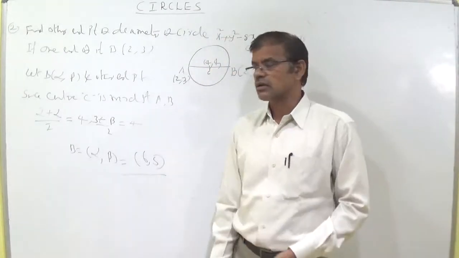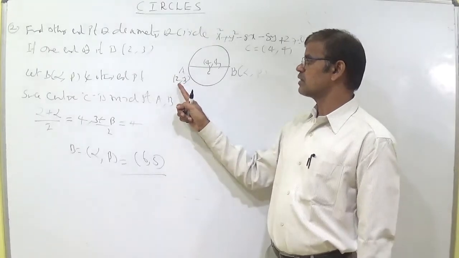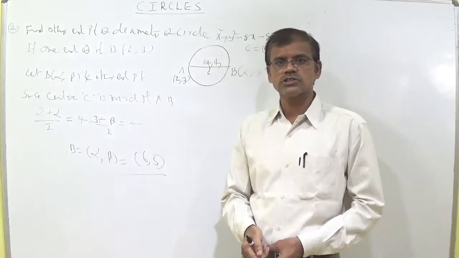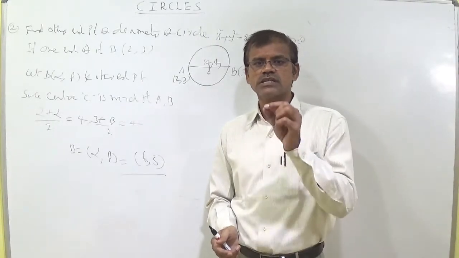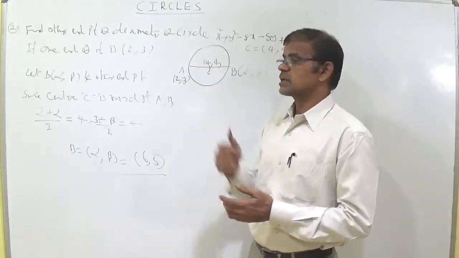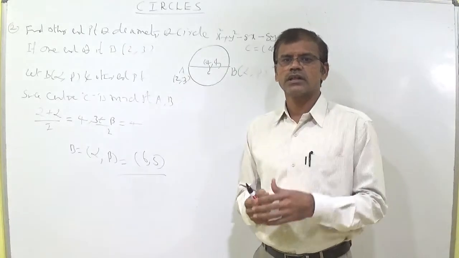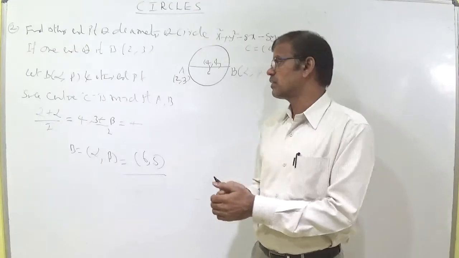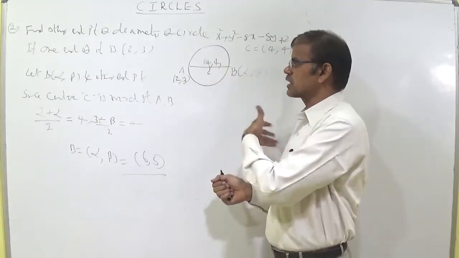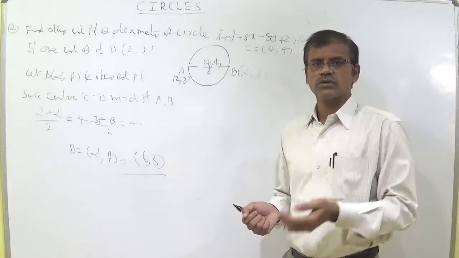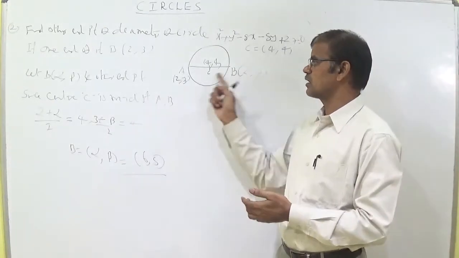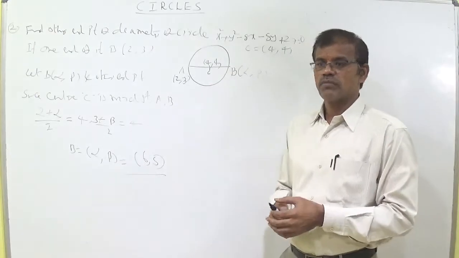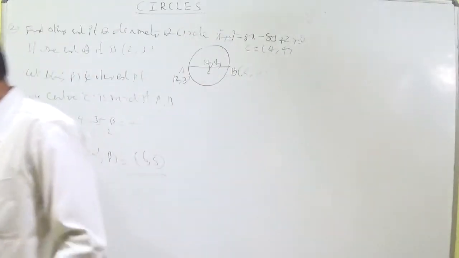You substitute the value, then you should get the answer 0. That means the point satisfies the given circle, that is, the point lies on the circle. Also to find the other end point, in a similar way, we let the second one be (alpha, beta), or (x1, y1), anything you can think, and use this formula: C is equal to the midpoint of A, B. Like that you will get the answer.